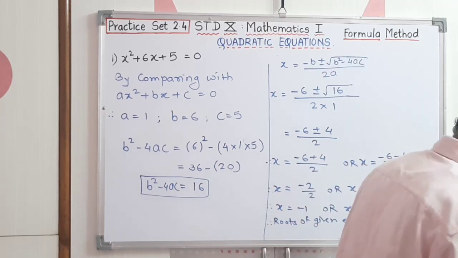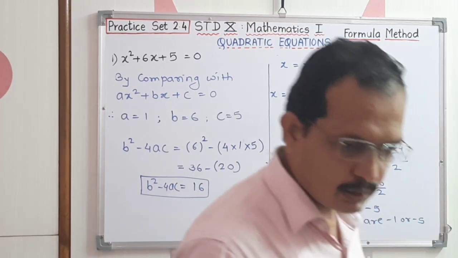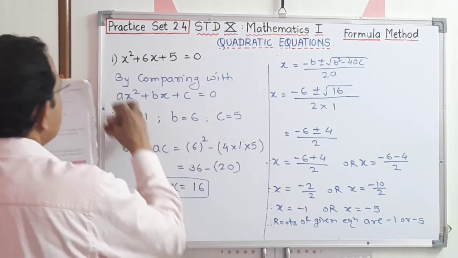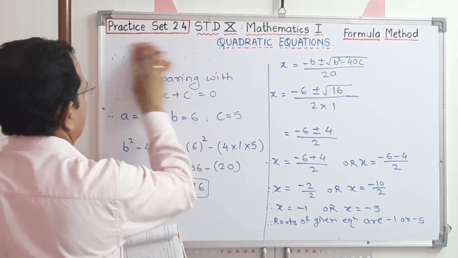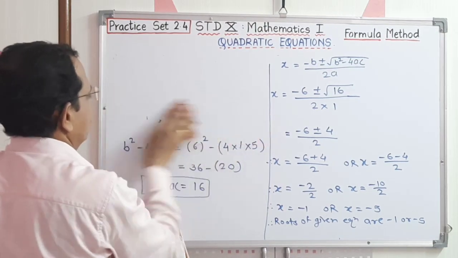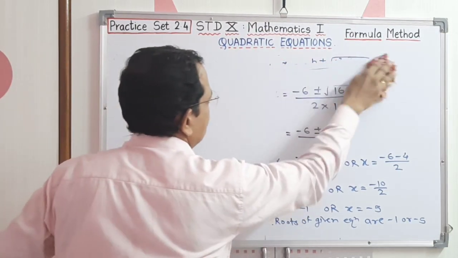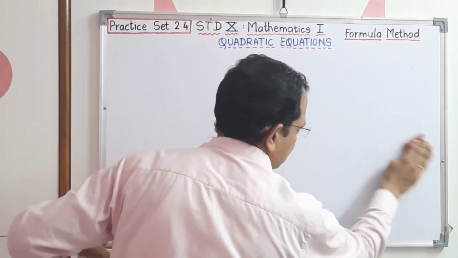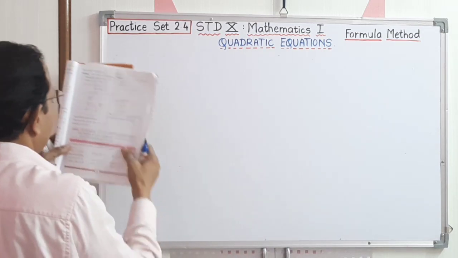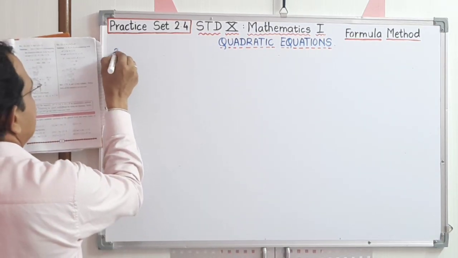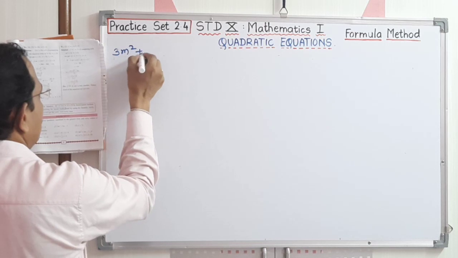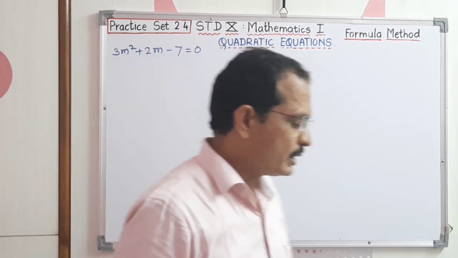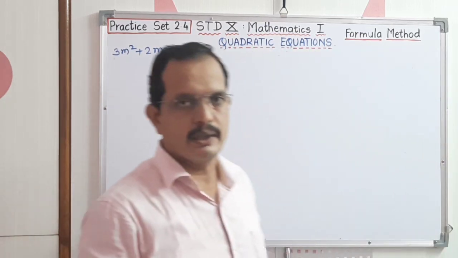Now, let's start with the next sum, we can start with the third one. Let's see question number three. It is 3m square plus 2m minus 7 equal to 0. The second one you have to solve yourself.